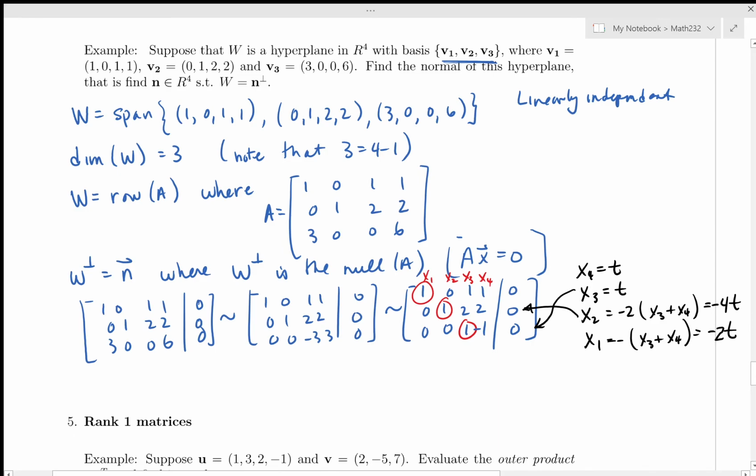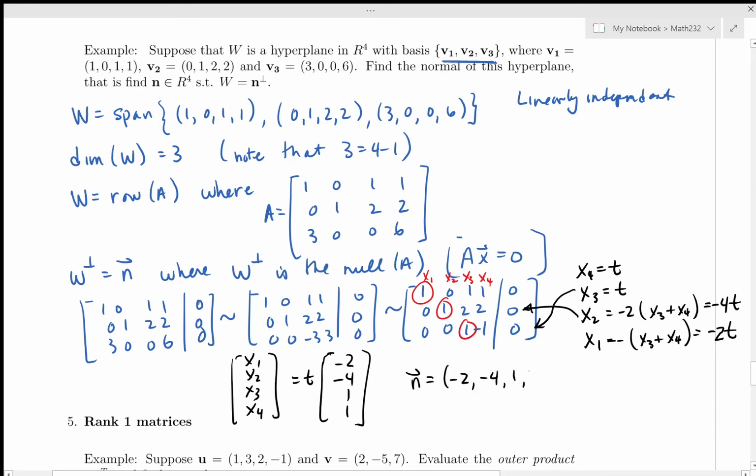So then I can write out x1, x2, x3, x4 as t times minus 2, minus 4, 1, 1. There it is. So that means that n is this vector here, minus 2, minus 4, 1, 1.